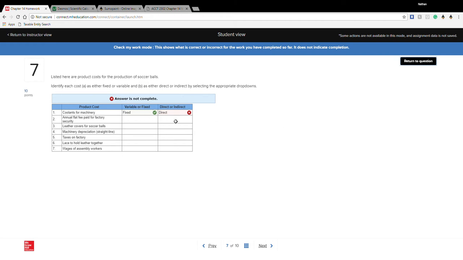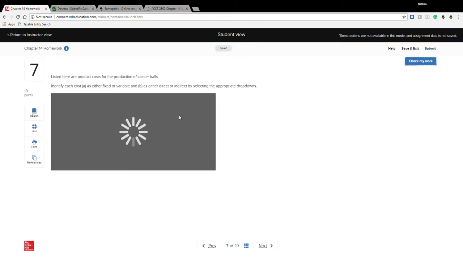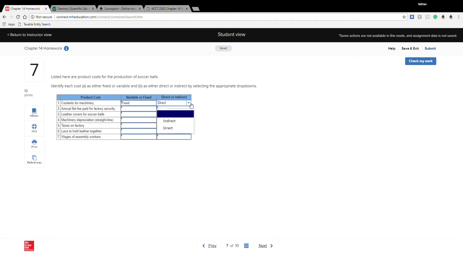In fact, Connect will tell you that right off the bat. It's actually going to run into indirect. The reason why on this, again, the machinery and the coolants, since it cannot be traced, follow basically overhead. It's going to be overhead, but it's still a product cost.